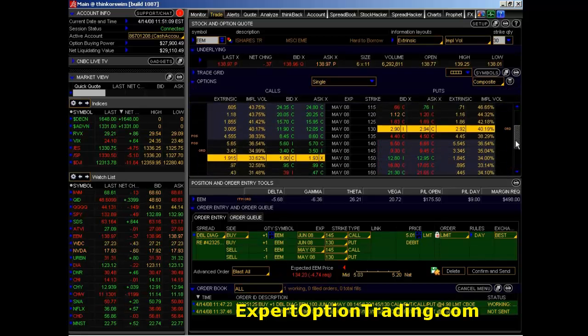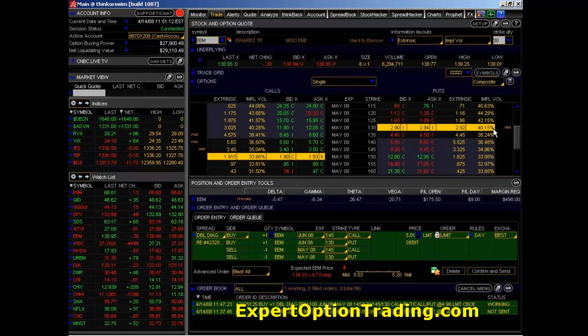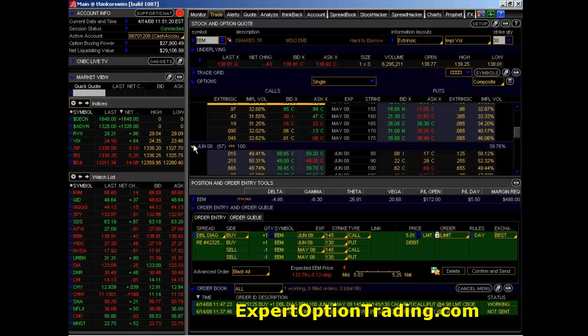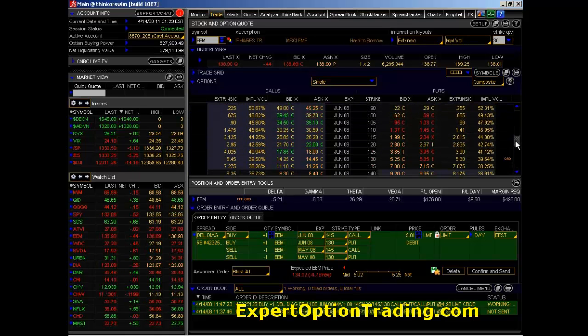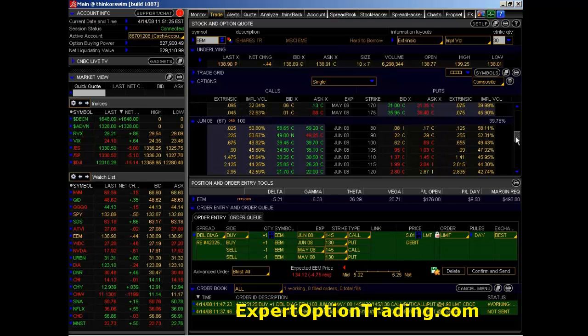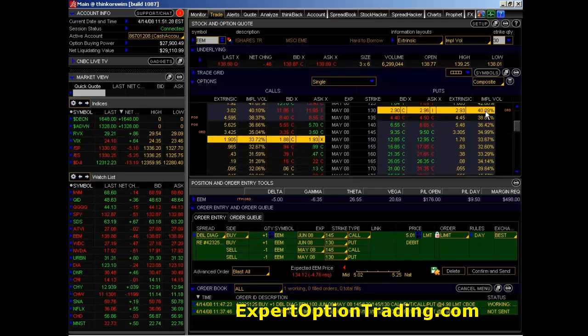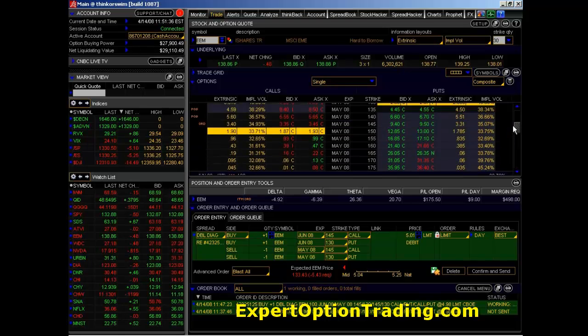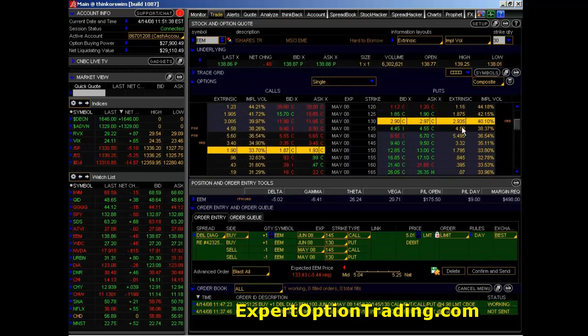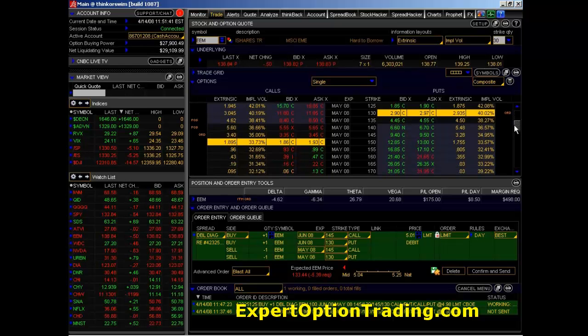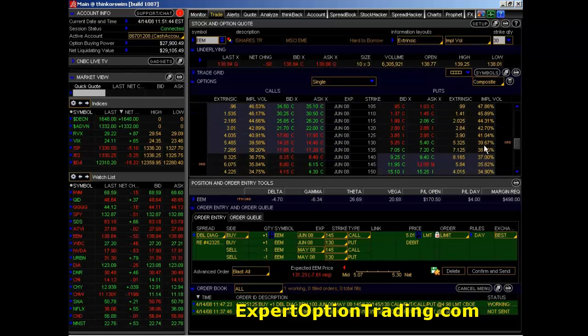And what I mean by a positive or negative skew is, if the front month has a higher implied volatility than the next month or the month that you're buying, it has a positive skew. It's positive because you are selling a higher volatility, and if the volatility should come down, then you are in a better position to profit. A negative skew is if you have a lower volatility in the front month that you're selling and a higher volatility in the next month that you're buying.